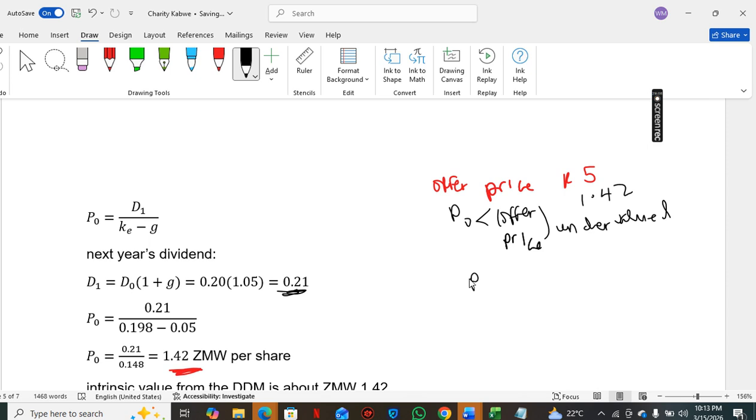If the intrinsic value is greater than the offer price, then your share is overvalued. So here, under the dividend discount model, it's undervalued. Any questions before we go to the PE ratio method?